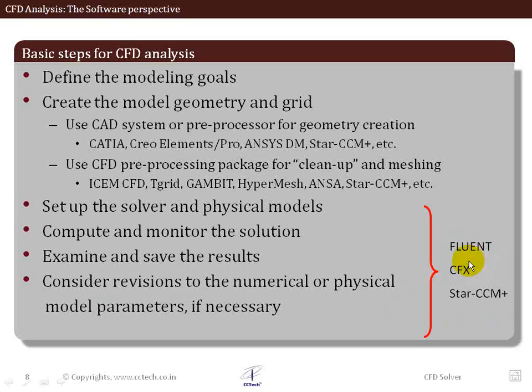CFX and Fluent have a combined post-processing tool called CFD Post, which is available within the ANSYS Workbench environment, but it requires an additional license. And once we are done with the results, once we analyze the results, we are in a position to predict whether we should change the problem, whether we should change the geometry, whether we should make some modifications to the problem, so that we can have an accurate prediction of our CFD simulation.